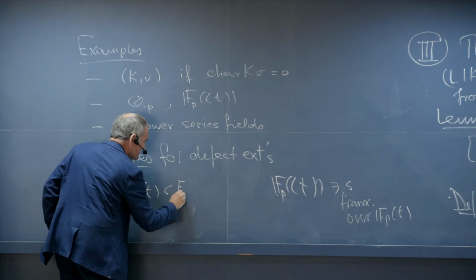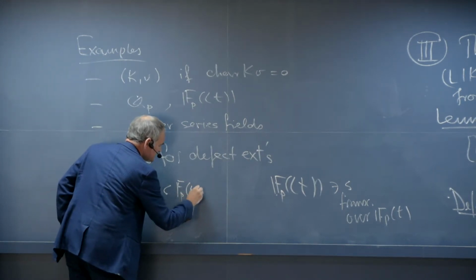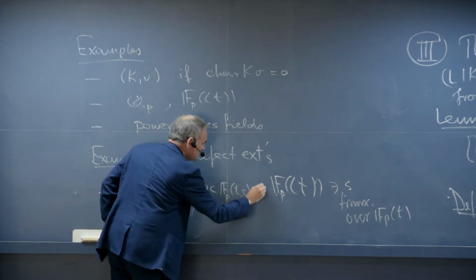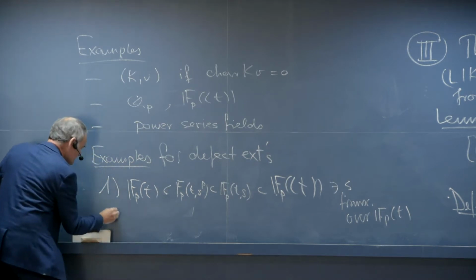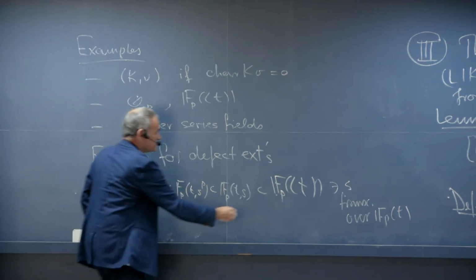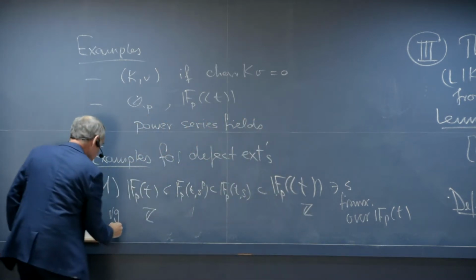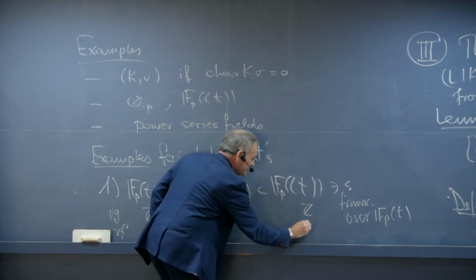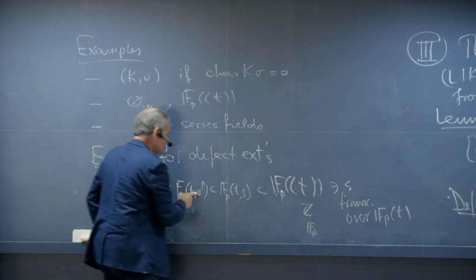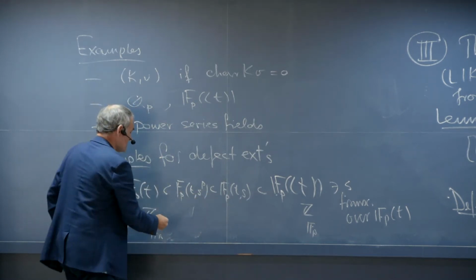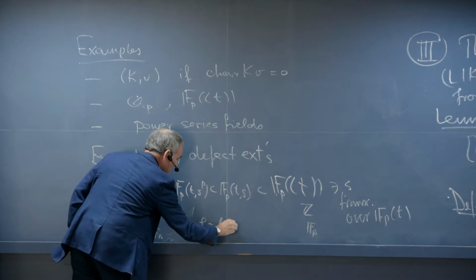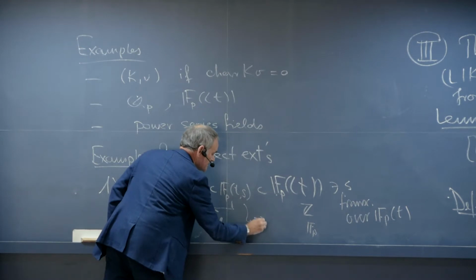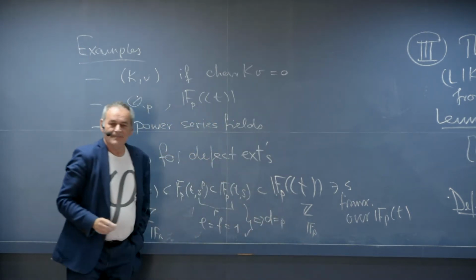We take F_p((t))(s^p), and F_p((t))(s). Okay, and now look at the value groups. Here it's Z, this is the completion, it's still Z. The residue field is F_p. Here it's still F_p. So consequently E and F are both 1, but the degree is p, so you get d is p. Okay?